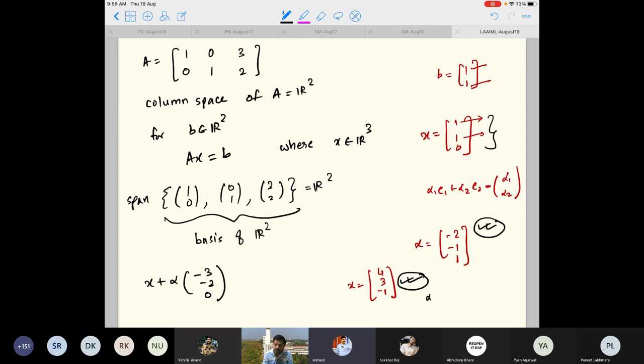So in this particular case, I think alpha will be equal to minus 1. In this particular case, I think alpha will be equal to 1. Am I right? Maybe I'm wrong. No, this is right. Yeah, alpha is equal to 1, alpha is equal to minus 1. These are the values of alpha that you found such that you get x plus alpha z. And what is this vector? This vector is our z, the one that I just defined. Az is equal to 0.